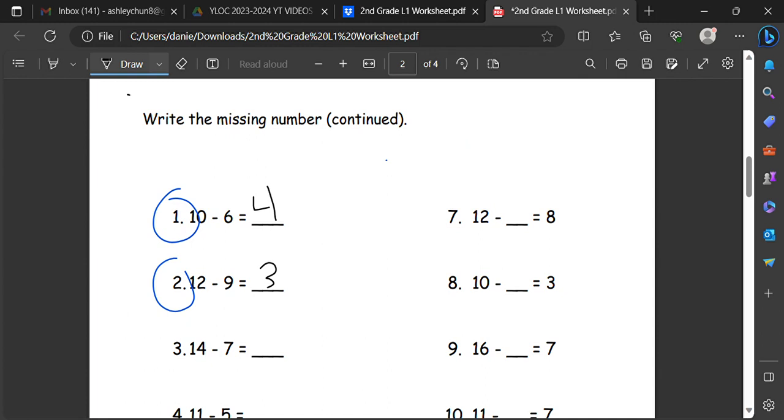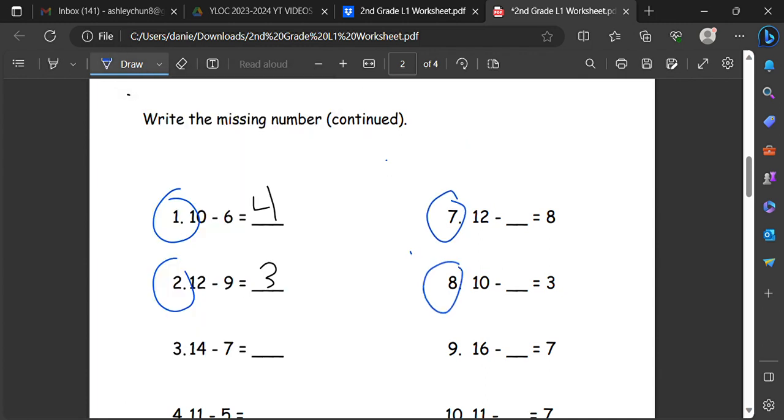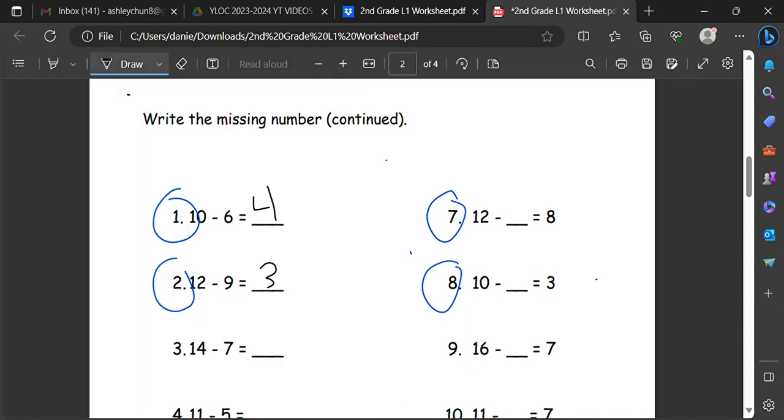And these two questions are essentially the same thing as well. We would just move this number here and put the equal sign blank. So what I mean by that is 12 minus 8 equals what? 12 minus 8 is equal to 4.